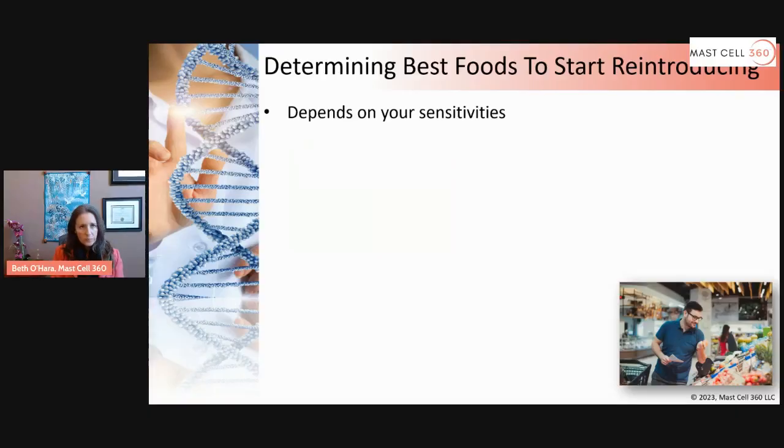But a lot of other people just have one or two types of food intolerances. They might have histamine and oxalates, but they don't have the rest. So you've got to think about what are your specific food intolerances and then work from there. So you may be just fine with FODMAPs, so you don't have to worry about those.